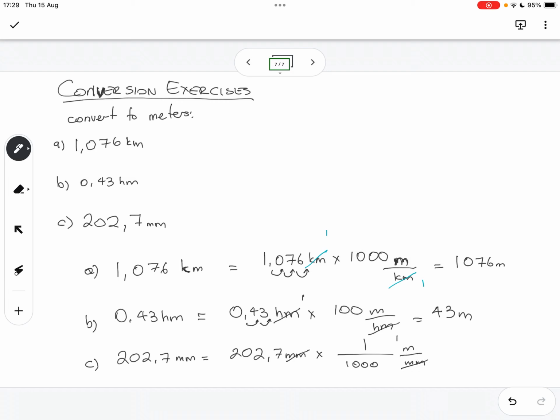And the same thing happens with the units. And then this is going to be 202.7 divided by 1,000 meters, so the comma will shift 1, 2, 3 places to the left, and that gives me 0.2027 meters.